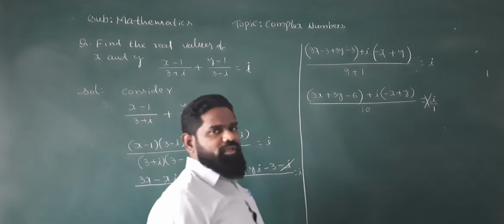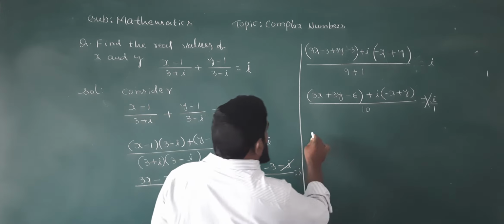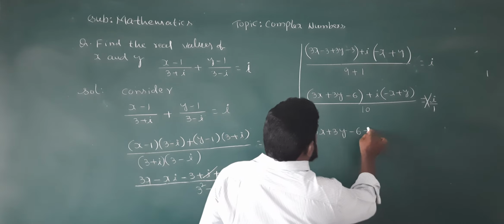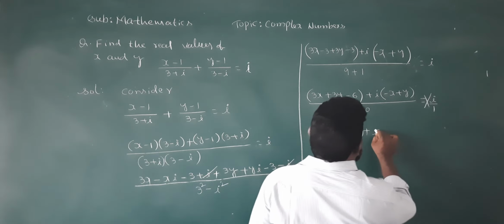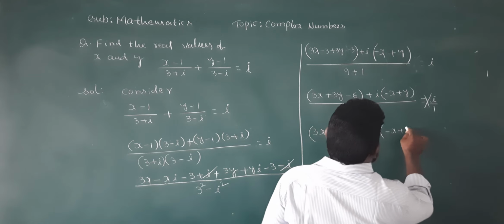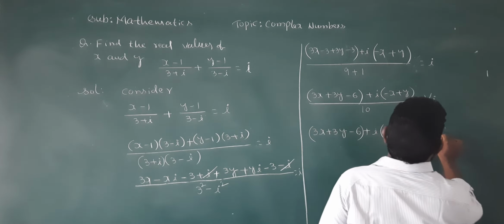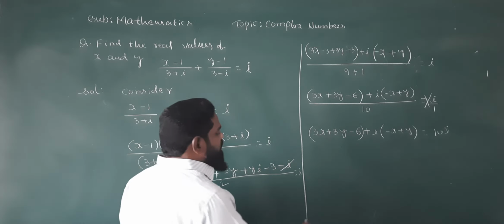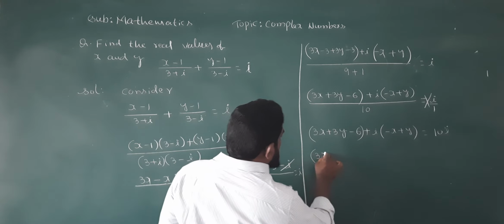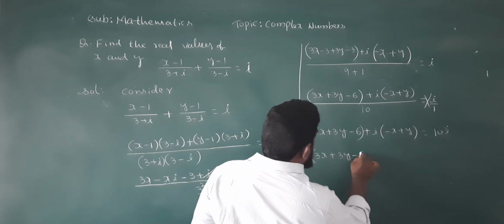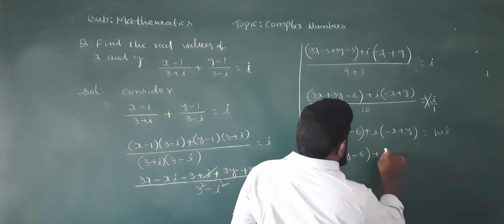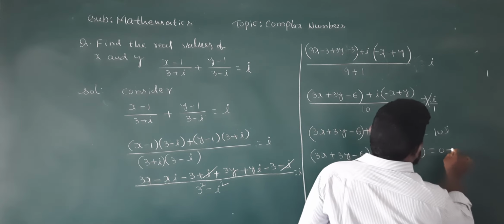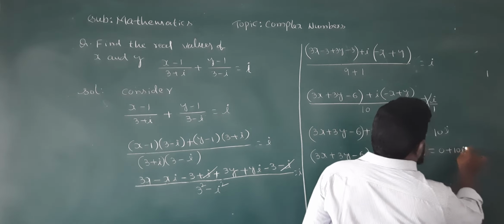Cross multiplying: 3x plus 3y minus 6 is the real part, minus x plus y is the imaginary part, equal to 10i. This can be taken as 3x plus 3y minus 6 plus i into (minus x plus y) equal to 0 plus 10i.